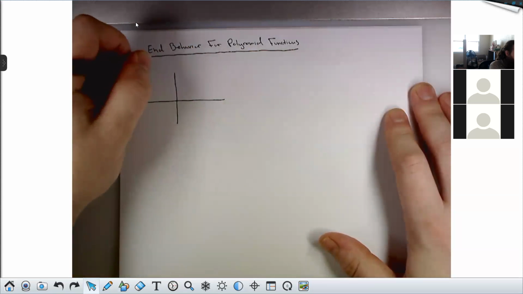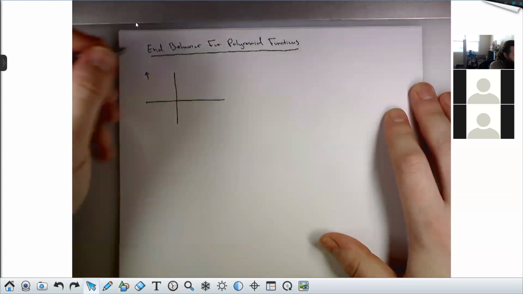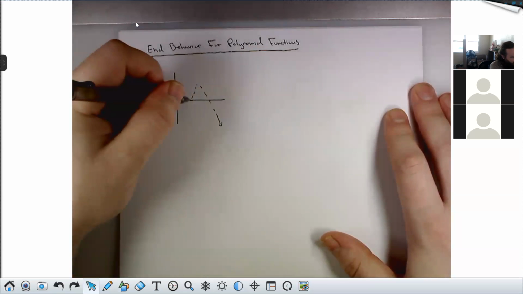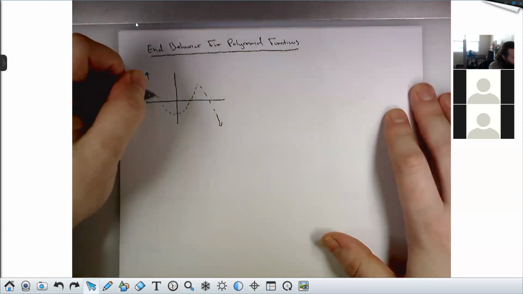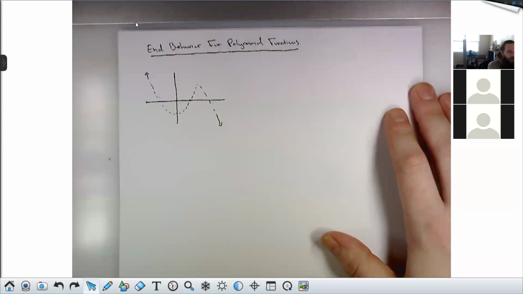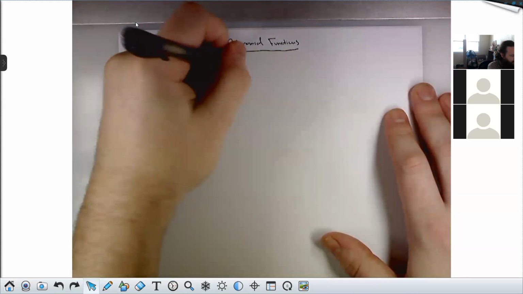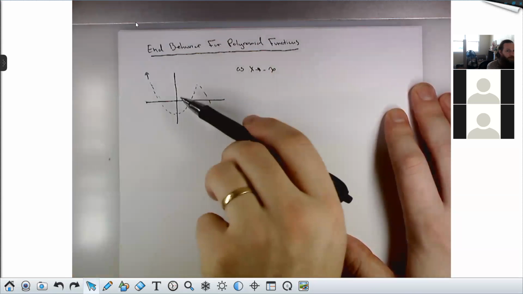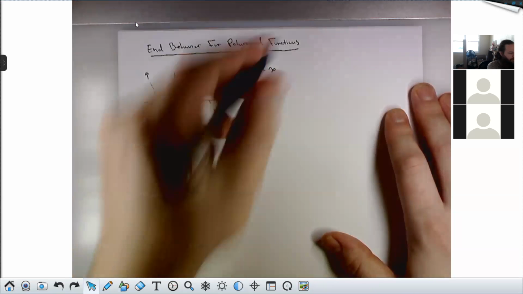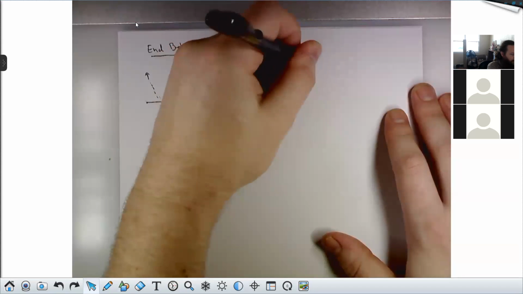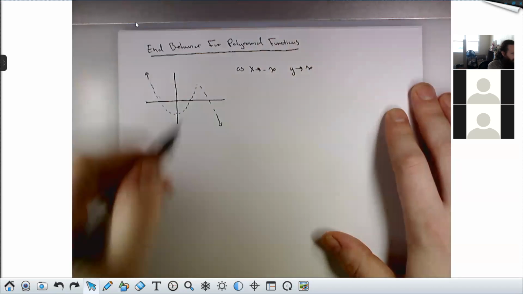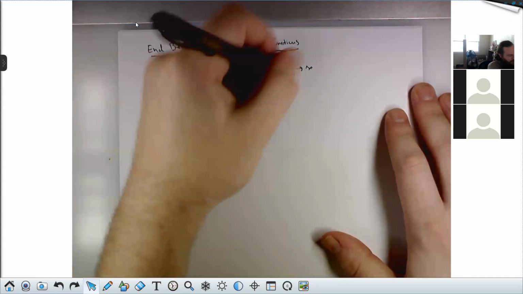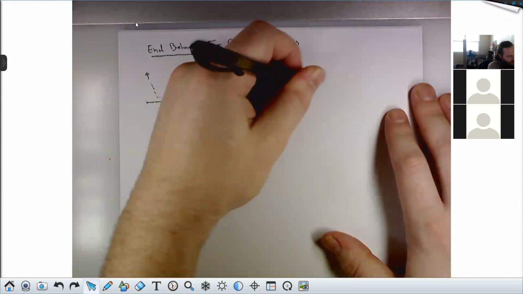So if you have something over here that goes like this, and something over here that goes like this, I don't really care what happens in between. For any function like this, I would say as x goes to negative infinity, as we wander far off to the left, the y values are going up. Let's say y goes to positive infinity. And over here, we'd say as x goes to positive infinity, y is going down to negative infinity.